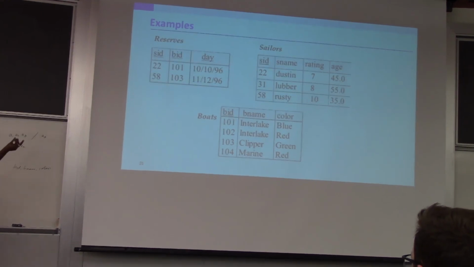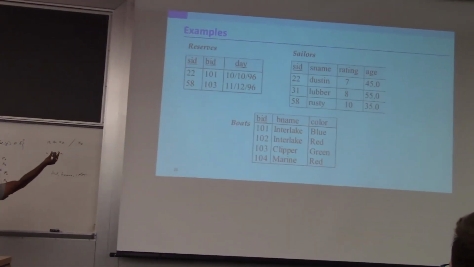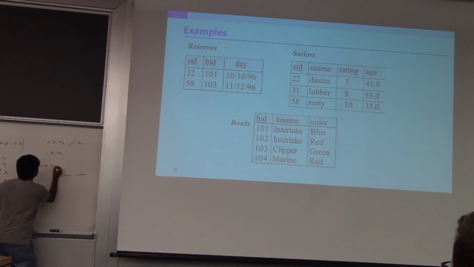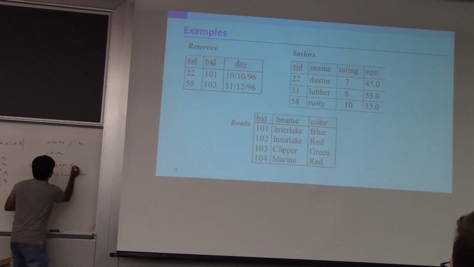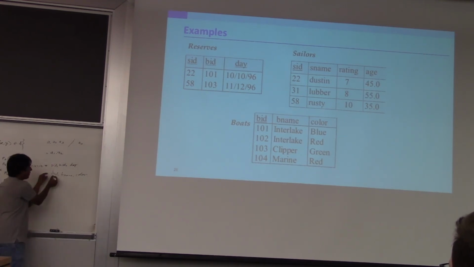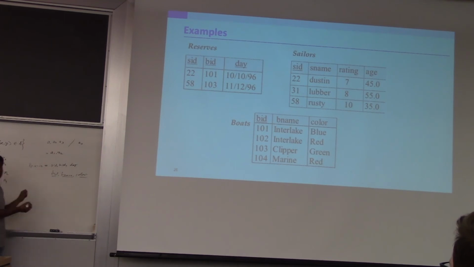Suppose you are dividing this reserves, and reserves has SID, BID, and date. When you divide this with these three things, automatically the result will be null, because B name and color are not there.